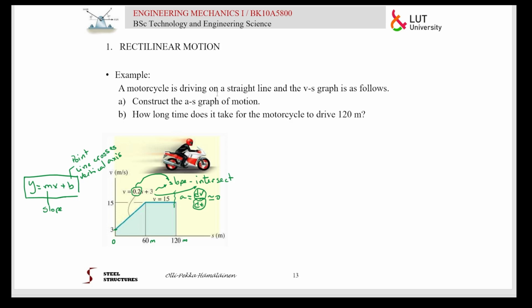The first request that is made is to construct the a-s graph of motion. That is, I'm going to have, let me see if I can draw something, home, insert, something like this. Meaning that I have to have an axis here, and I need to have another axis here.